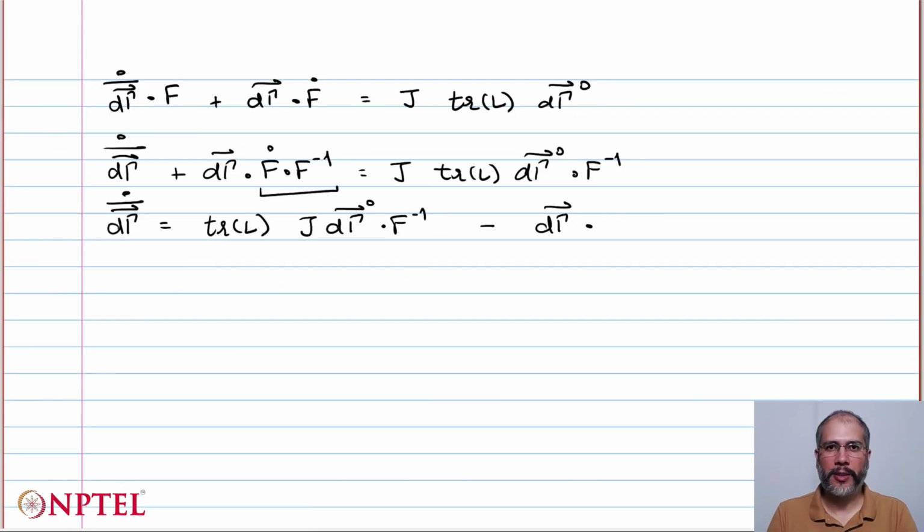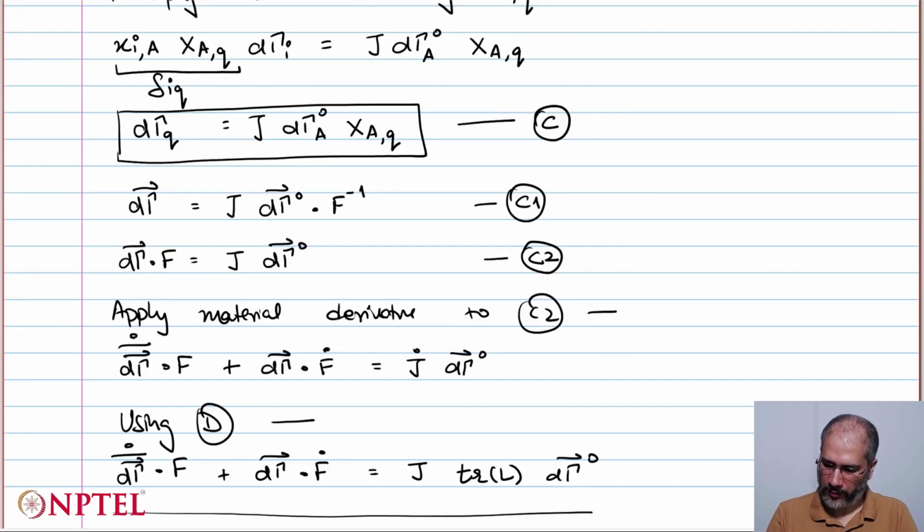So F dot is L times F, and F times F inverse is an identity, so this becomes L. Now look at this expression, and let's go back to our equation C. If I look at C1 here, I can see that J times d gamma naught dotted with F inverse is d gamma.